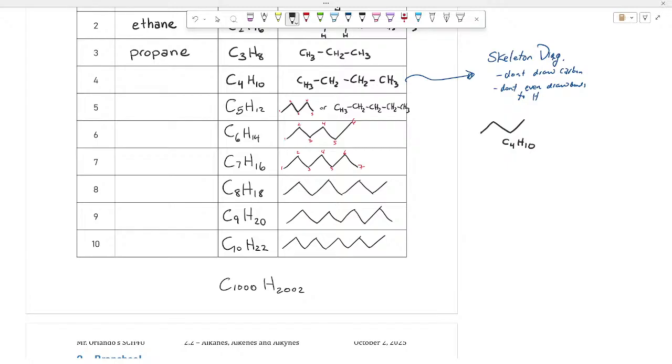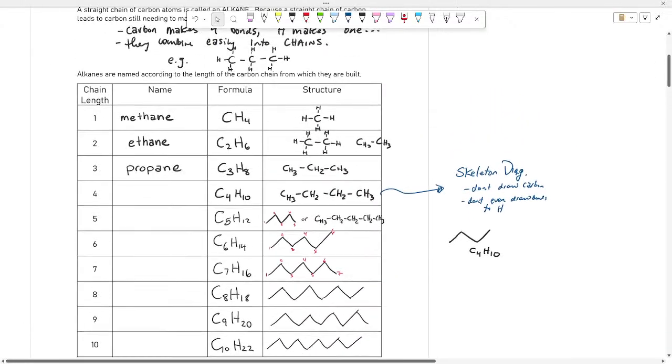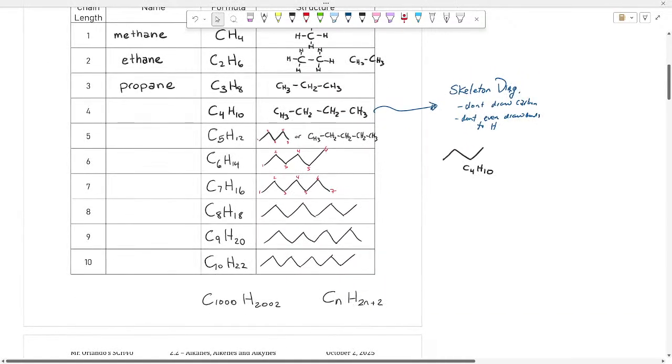In fact, the general formula of this type of chain is CnH, well, math here, come on, 2n plus 2. Good. That's the generic formula of a straight chain of carbon with only single bonds. And we call these alkanes.